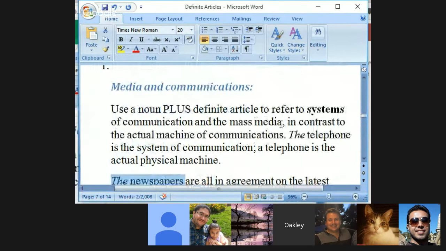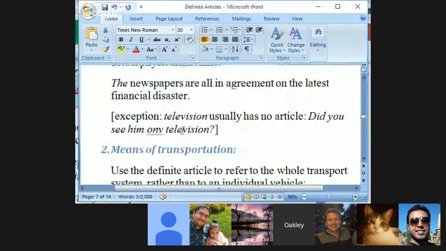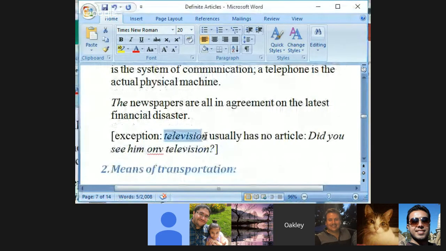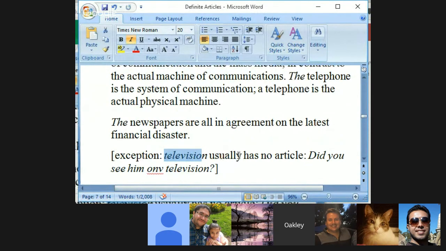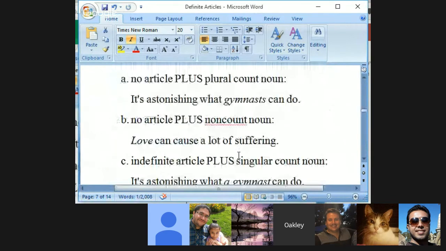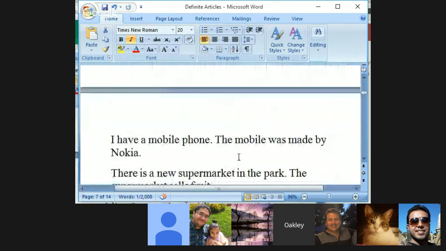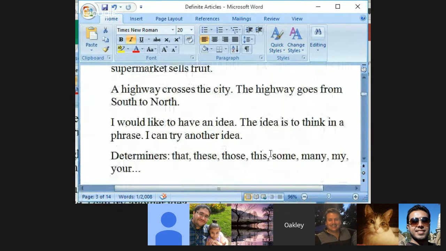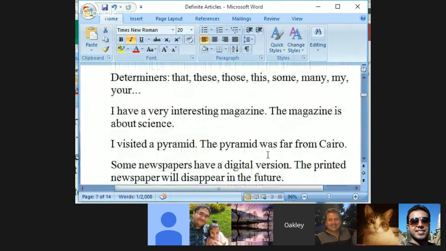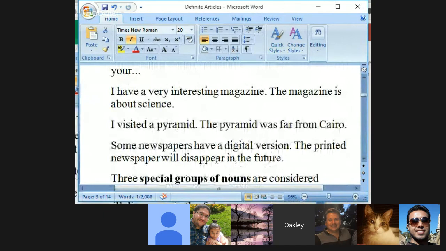When you're talking about communications and mass media, the one exception to this is television. So an exception to the exception. Isn't English fun? Okay. So I'm not sure if you know why you did that, but this is why. You are absolutely, totally correct. Okay, so this is a strange exception to the rule, all right, which you have used here. Okay, so there it is.